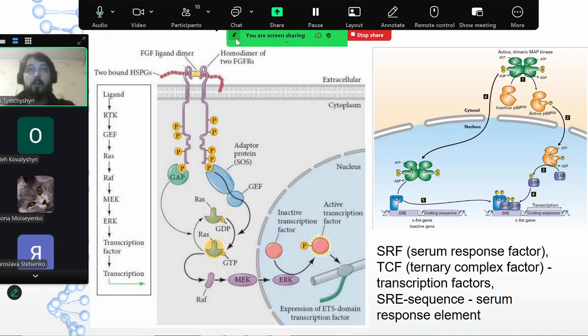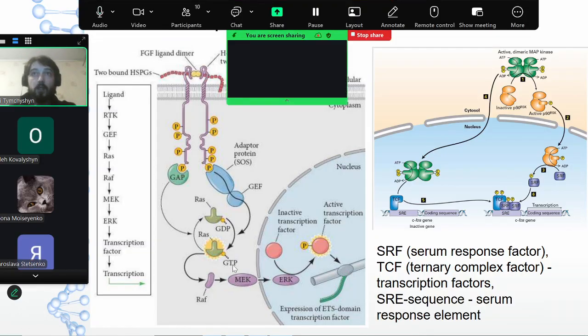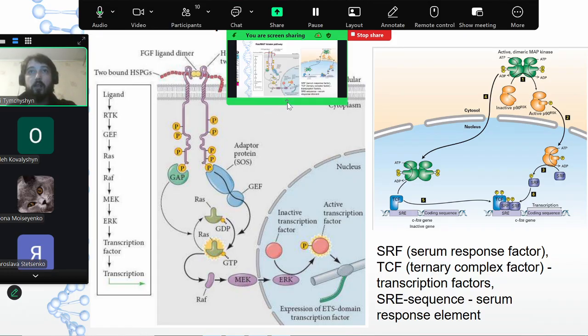Here is an example of the pathway. This is the Ras-MAP kinase pathway. Here you have the FGF ligand dimer. So once again, GF is growth factor. They phosphorylate each other.